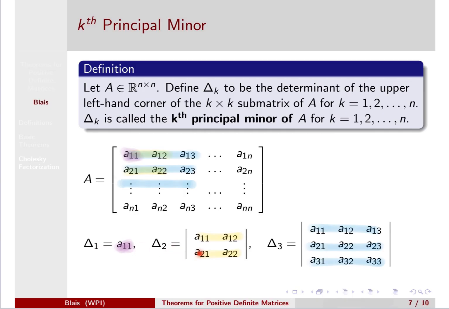And notice that these are determinants. So remember how we calculate a determinant. The determinant of a 1 by 1 is just the number itself. For a 2 by 2, we go top left times bottom right, so this would be A11 times A22, minus top right times bottom left, A12 times A21.